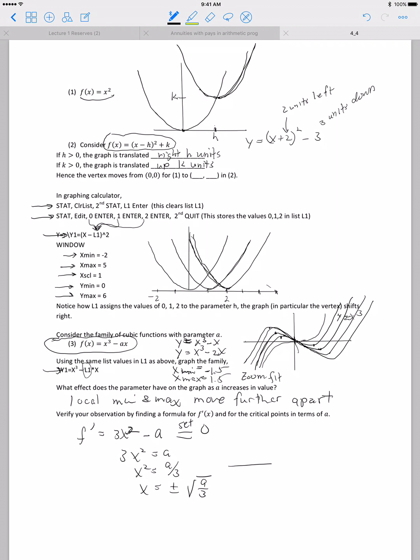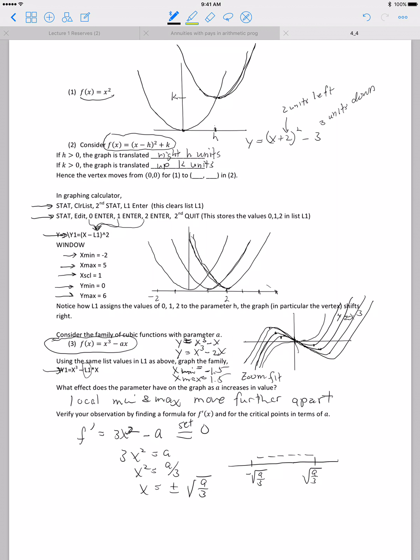If we do a sign chart here, put our two critical points on the number line, I can determine the sign of this derivative. If I plug 0 in, then I get negative a. We're taking a to be a positive value, so the derivative is going to be negative. The graph is going to be decreasing between the two critical points.